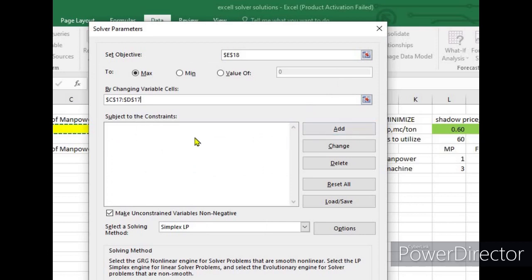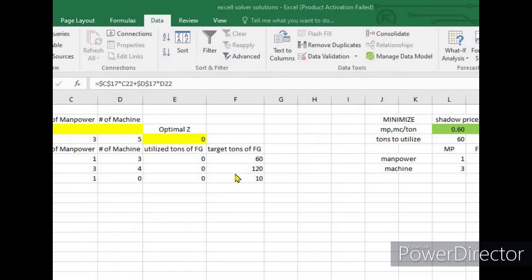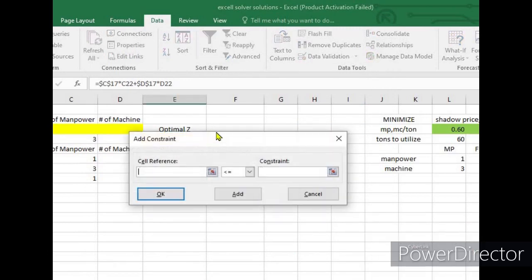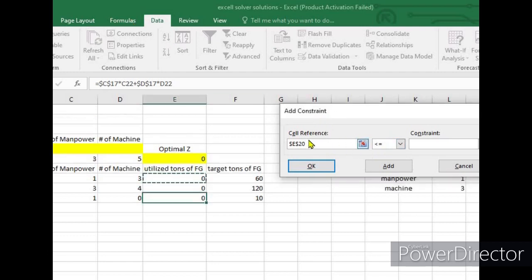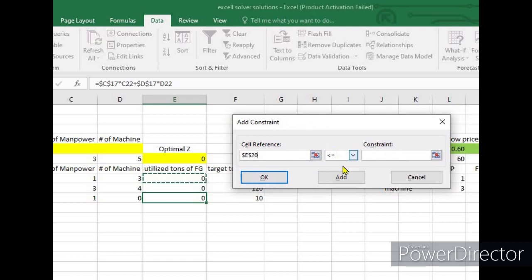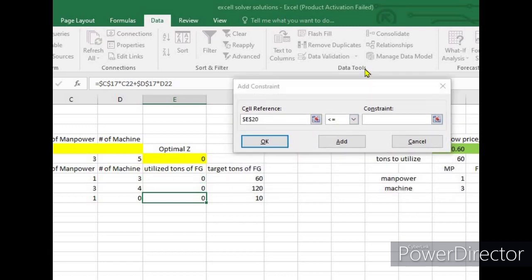Then for the subject to constraints, click add. For this cell reference, click this and the corresponding sign. The sign for the first constraint is less than or equal, so here you will click this one.